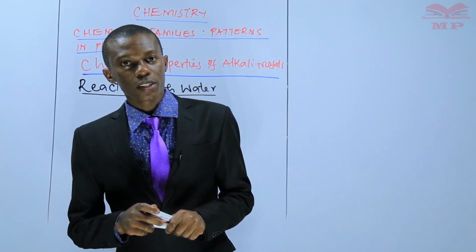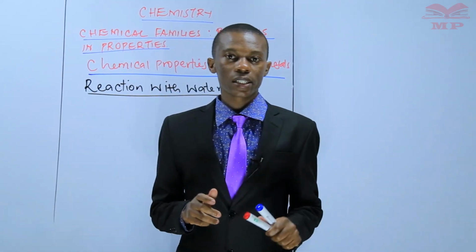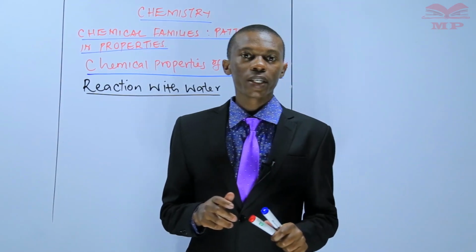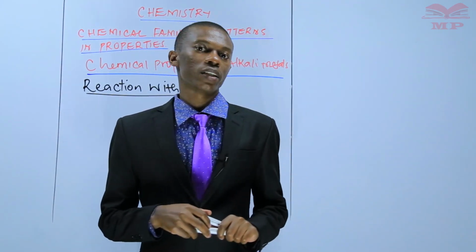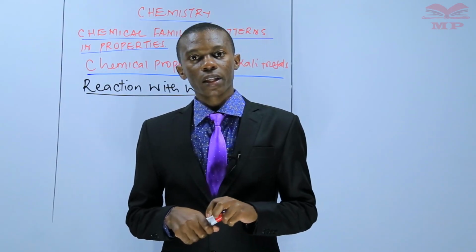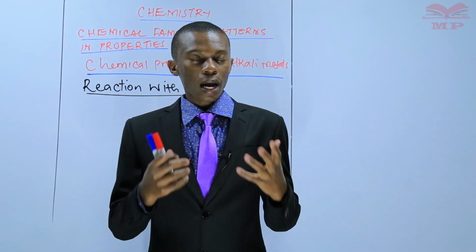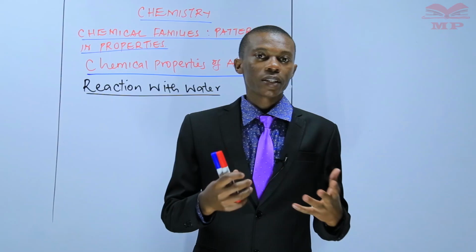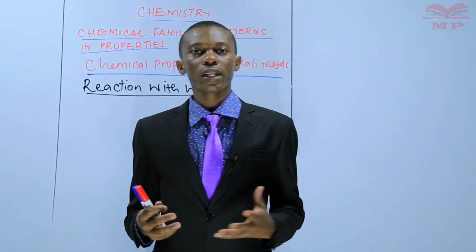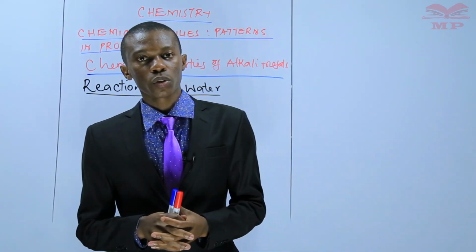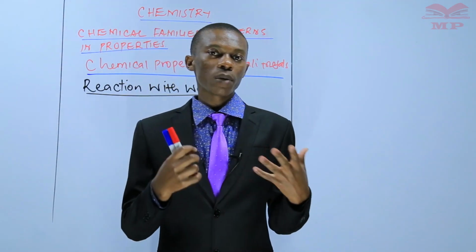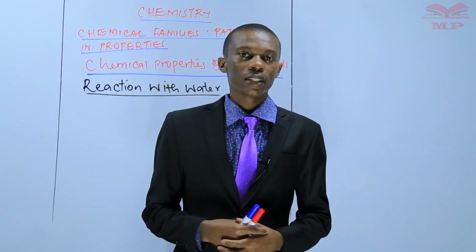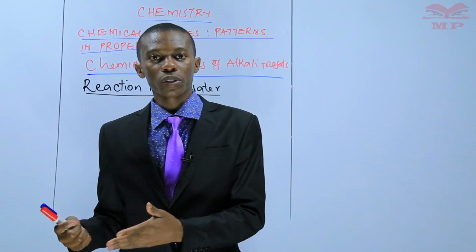In our previous lesson, we discussed the reaction between alkali metals and oxygen. And we said that alkali metals react with oxygen, leading to formation of oxides. That is, when sodium reacts with oxygen, it leads to formation of sodium oxide.